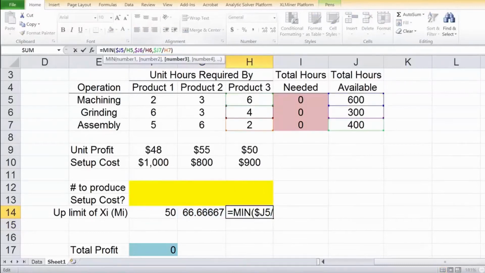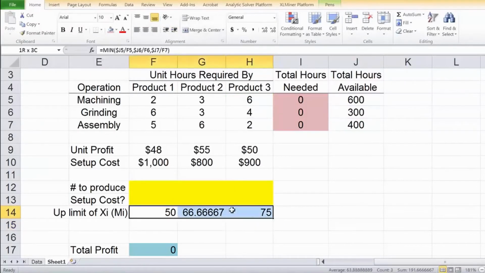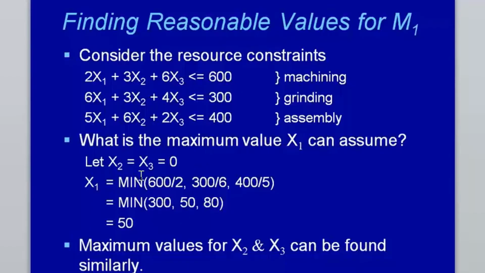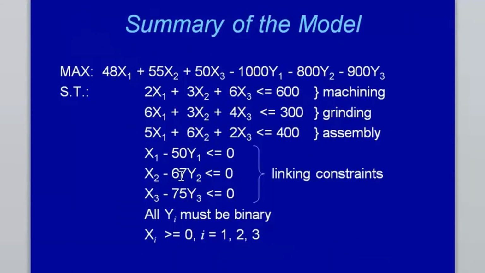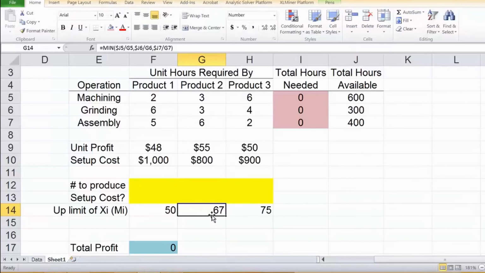And to check, you see that we did get the same values as what we calculated in class: 50, 67, and 75. So these are the upper limit, the big M, for our xi.